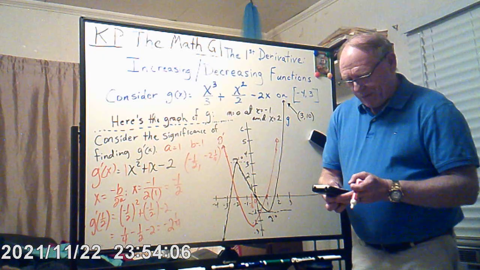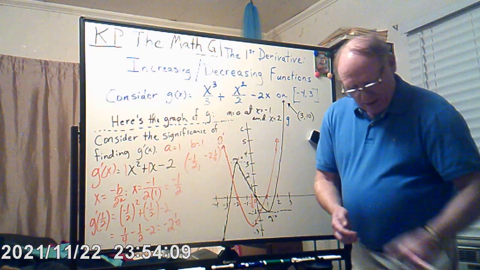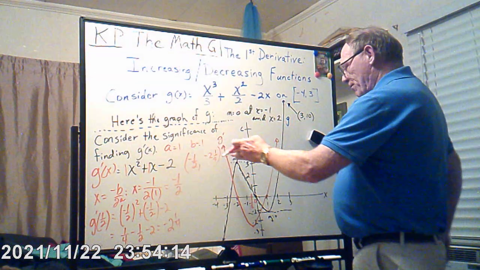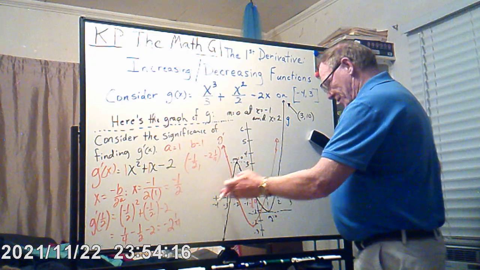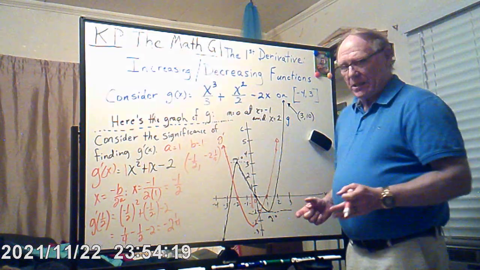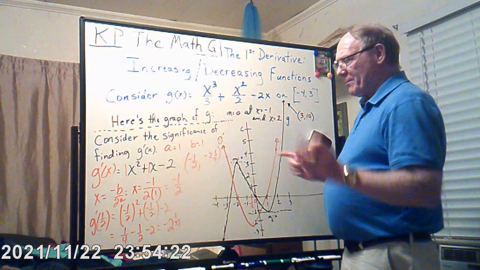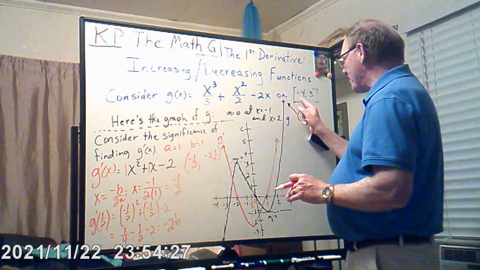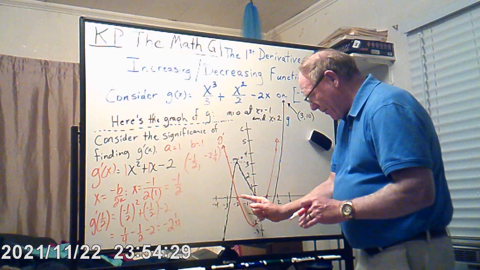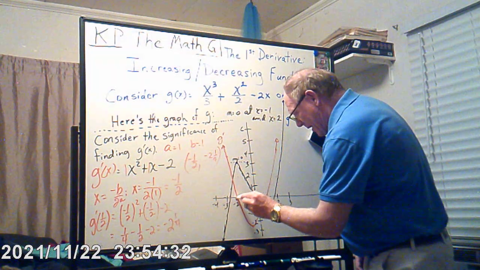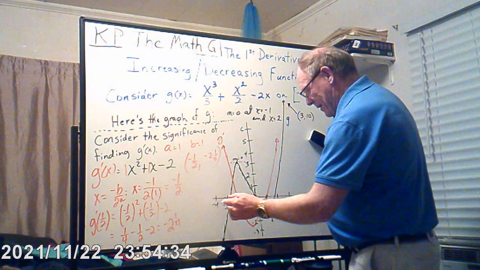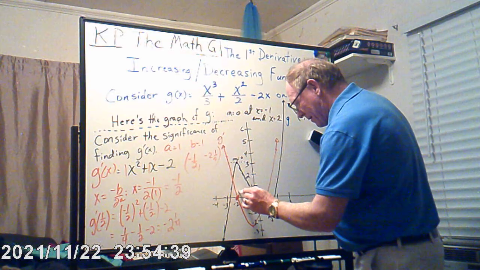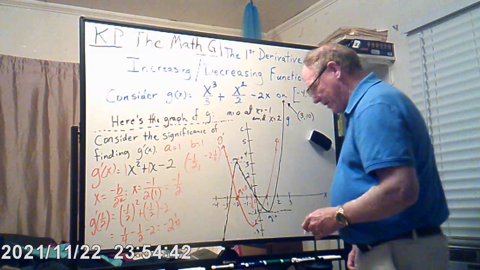Now let's think about this. We're about to bring our lesson to a close. What did we just graph? Everything above the x-axis means that G, not G prime, but G is increasing, and we're looking at the interval from -4 to 3. Right here at this point, it's going to increase till it gets to this point right here. The slope here, we'll call it M1, is equal to 0.